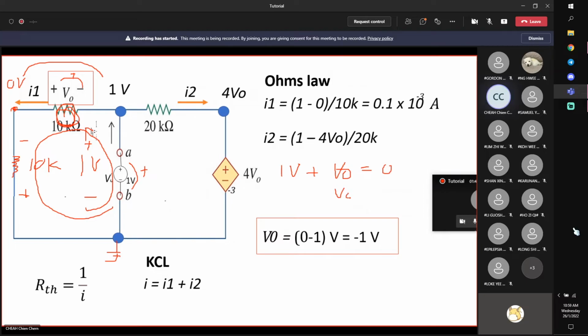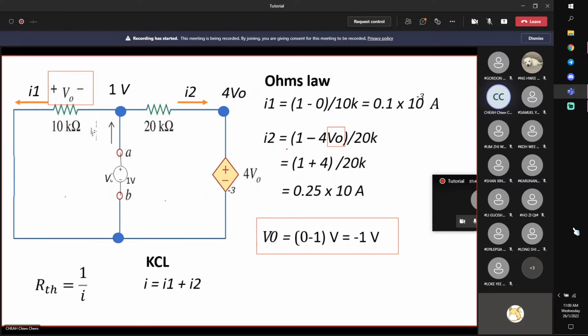So V0 is still negative 1. There are so many ways to do it, so just choose the one you are more comfortable with. In any case, you can conclude that V0 is negative 1, then just plug it in here and continue. We can check that I2 is 0.25 milliampere.